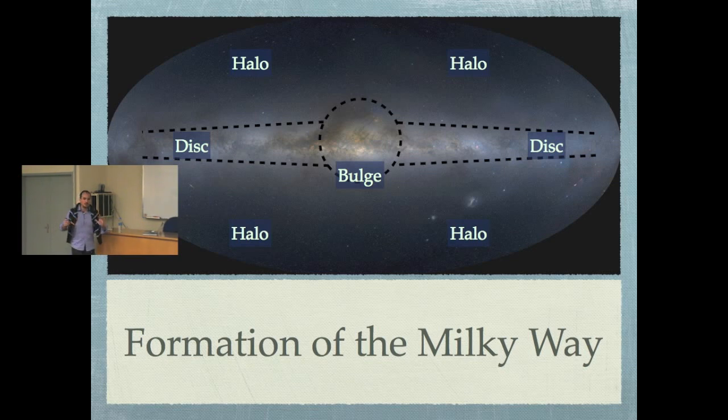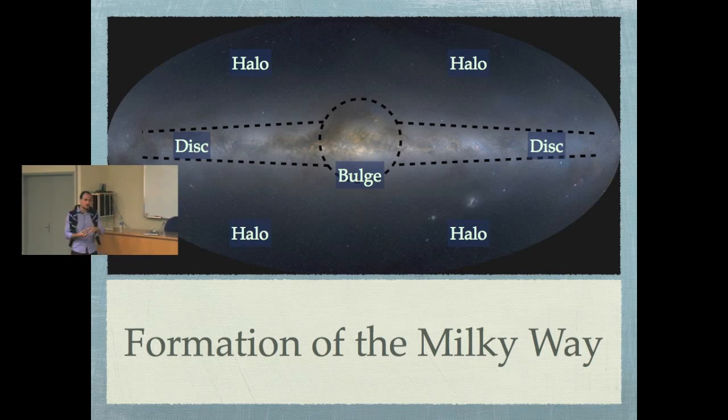So roughly, you can think of an initial collapse of a giant molecular cloud that started to form stars at the beginning of the universe, the Milky Way. And in the outskirts of this cloud, there were some bumps of condensed gas that started to form stars, and it formed the halo.